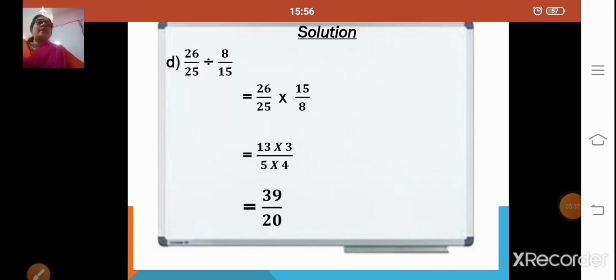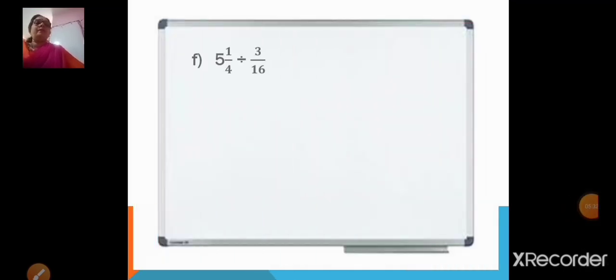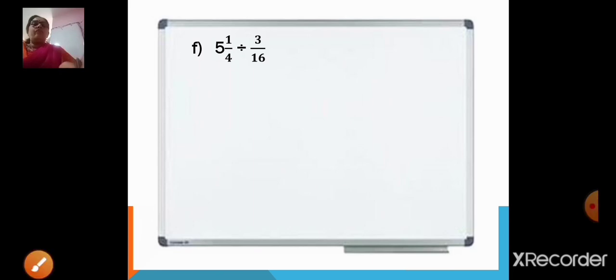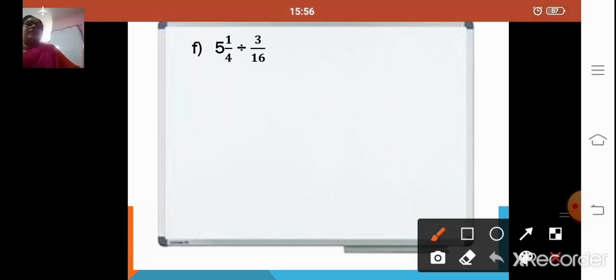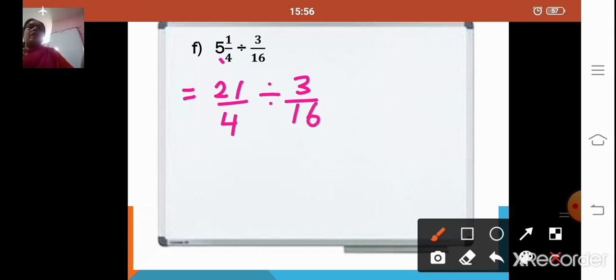Coming to the next sum, F1, 5 whole 1 upon 4 divided by 3 upon 16. So here the first is a mixed fraction, so we'll convert it into an improper fraction. So that means 4 into 5, 20 plus 1, that is 21 upon 4 divided by 3 upon 16. Okay.